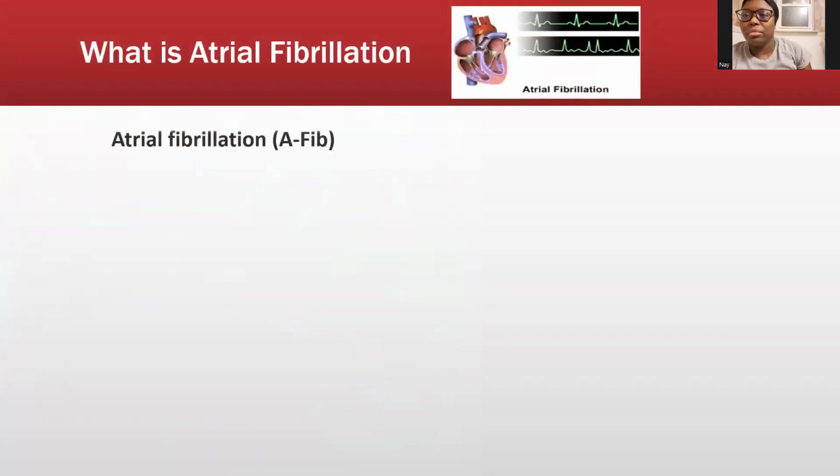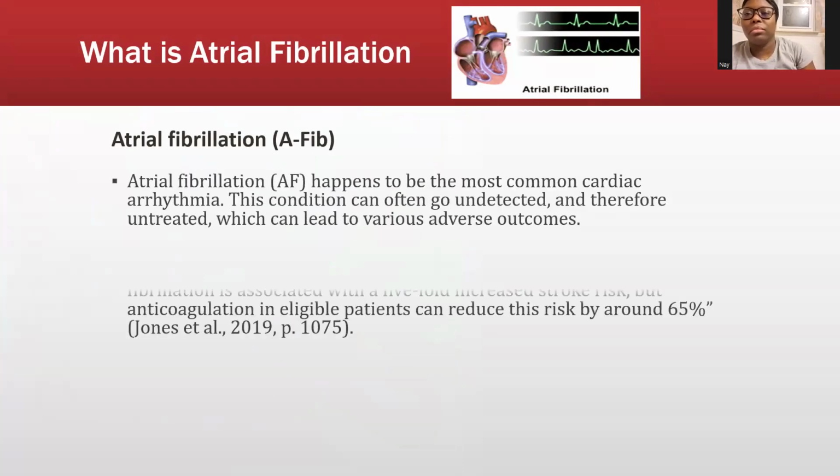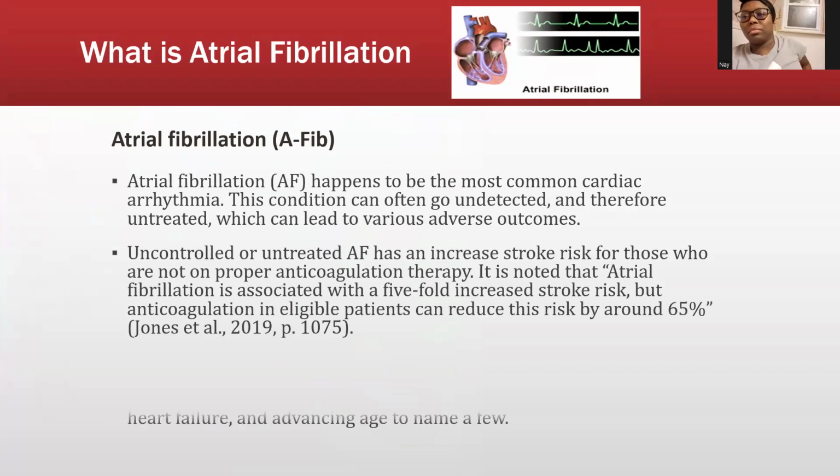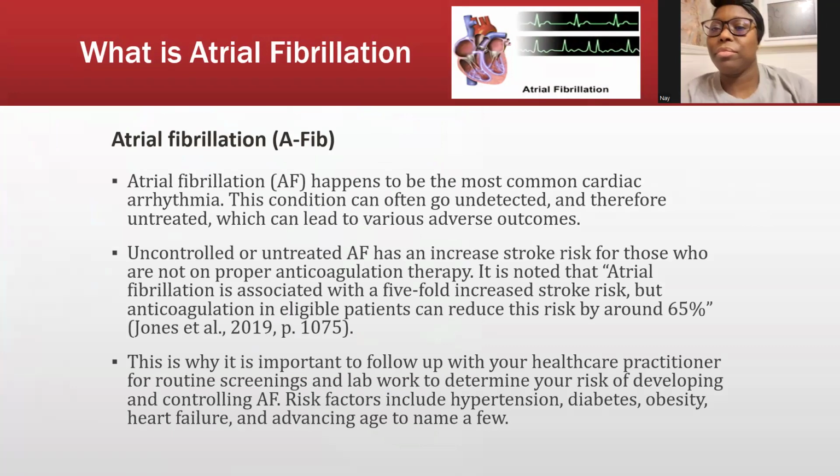What is atrial fibrillation? AFib, or atrial fibrillation, happens to be one of the most common cardiac arrhythmias, and this condition often goes undetected and therefore is often untreated, which can lead to various adverse outcomes. It's noted here that uncontrolled or untreated AFib has an increased stroke risk for those who are not on proper anticoagulation therapy.